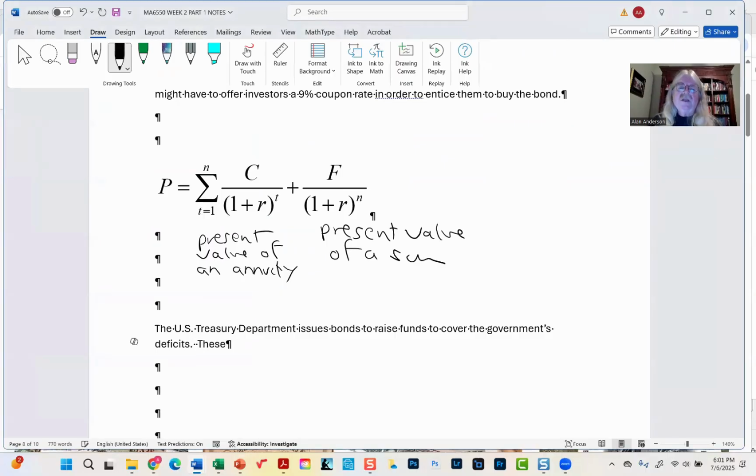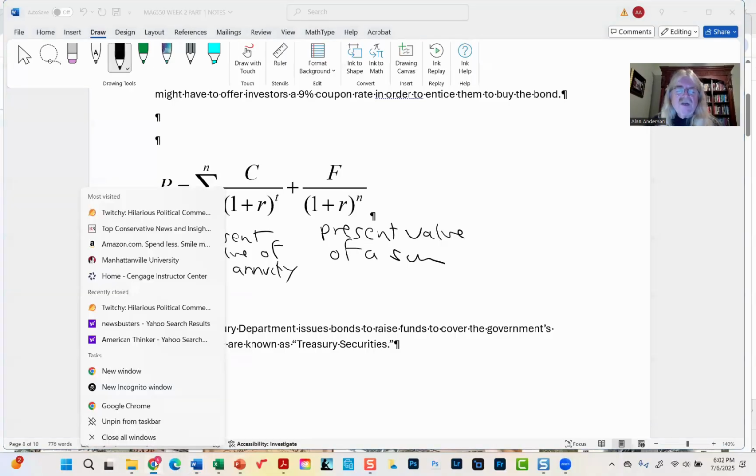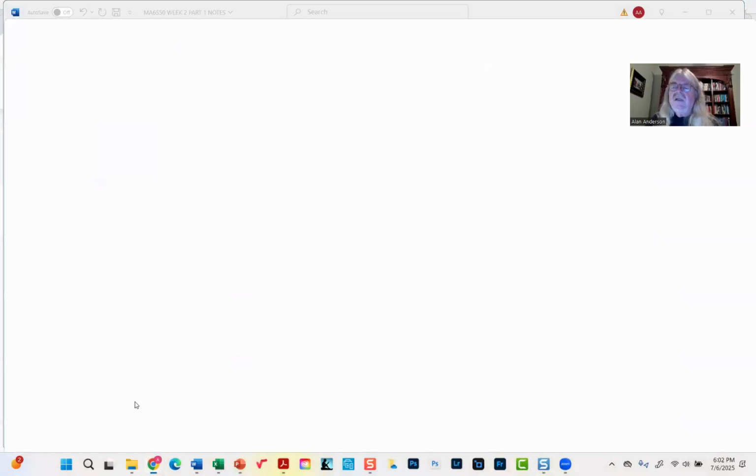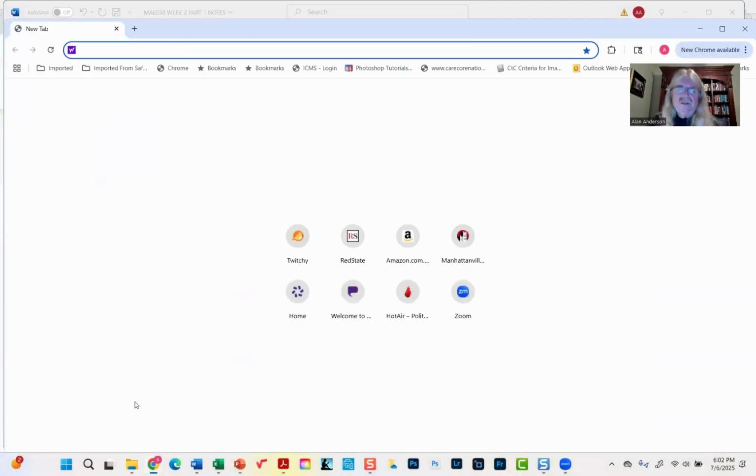Now, these are collectively known as Treasury securities. Now, in fact, let's take a look. There's a website where you can look up the yields that are being offered to these treasuries.